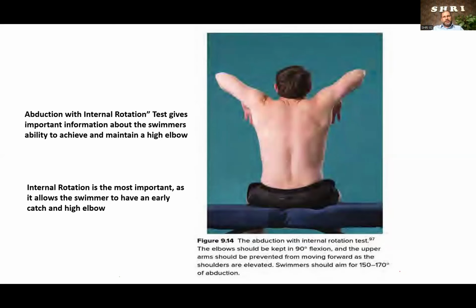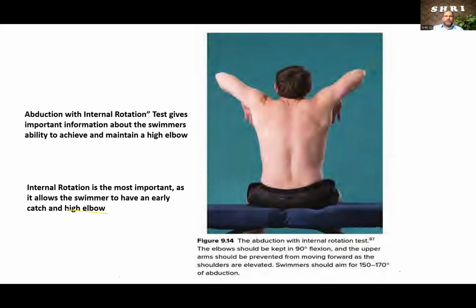He has internally rotated his shoulder with 90 degrees of elbow flexion. When you measure the angle along the body up to this, the angle has to be 150 to 170 degrees, right? That is the angle we see.